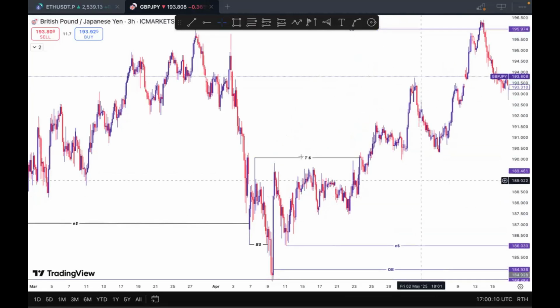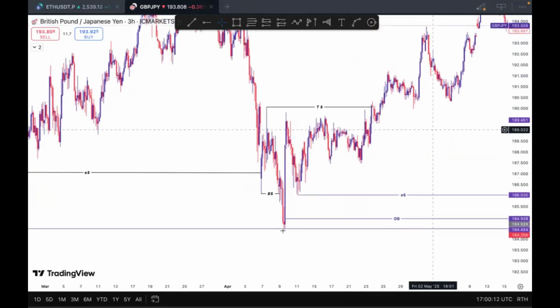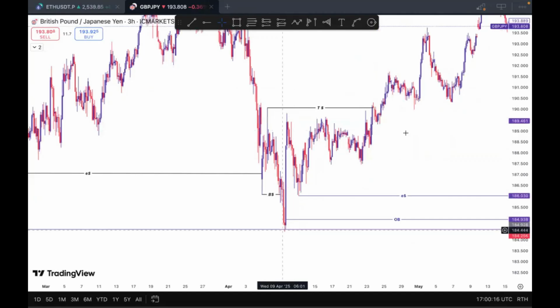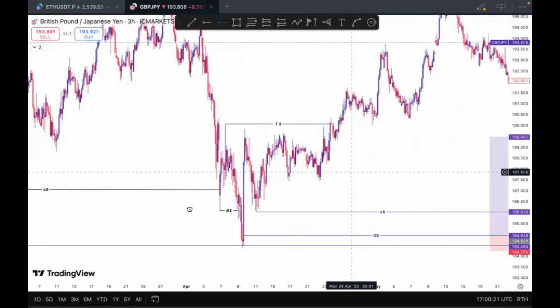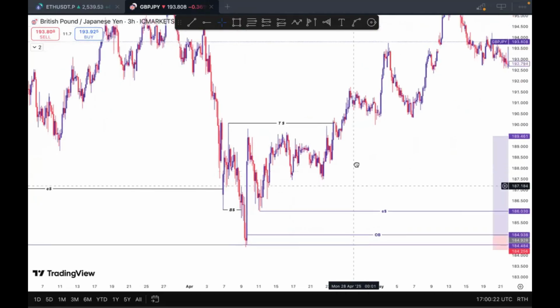So this structure you see, do you know why I drew this line, the last line below? To confirm where price is coming from, I have to trace back. So can you see? Good.